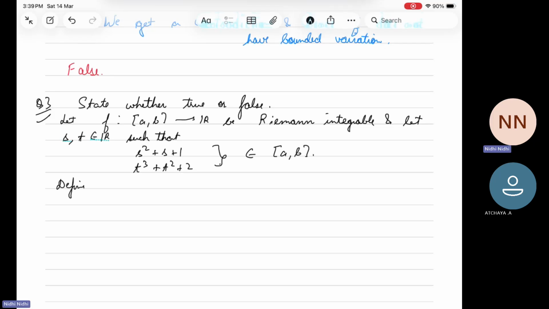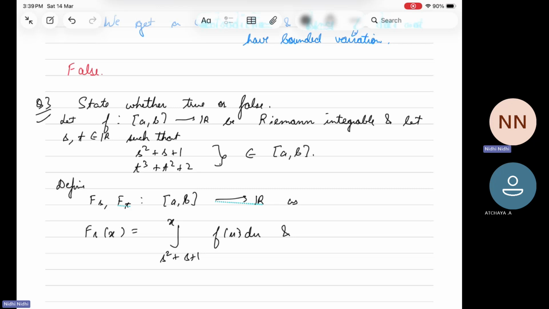Further, define Fs and Ft, two functions from the closed interval [a, b] to R, as Fs(x) is just the integral from s squared plus s plus 1 to x of the function f(u) du, and Ft at point x is equal to the integral from t cube plus t square plus 2 up till x of f(u) du.